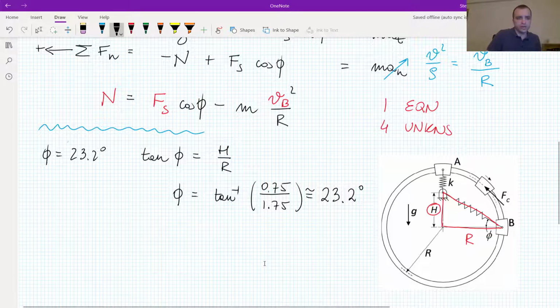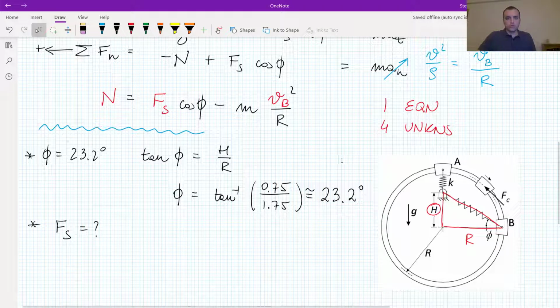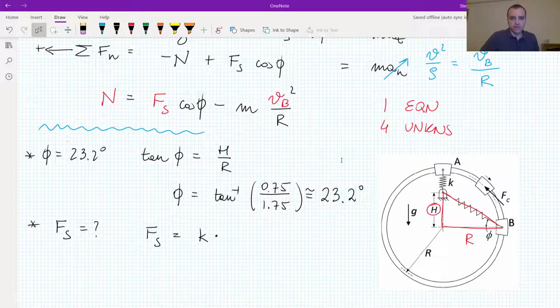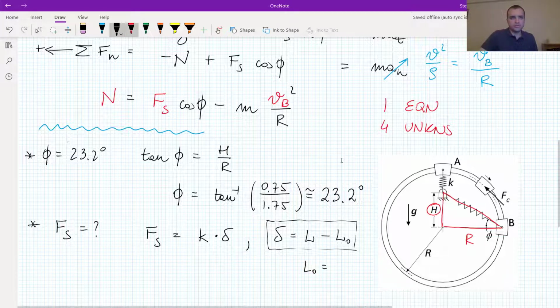And now let's also find Fs. So the question is, what is Fs? Our Fs will be spring constant times the stretch in the spring. So I believe that our delta is current length minus initial length, where our initial length, L0, is here.